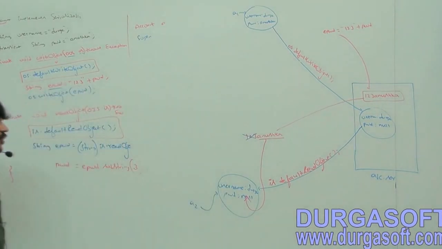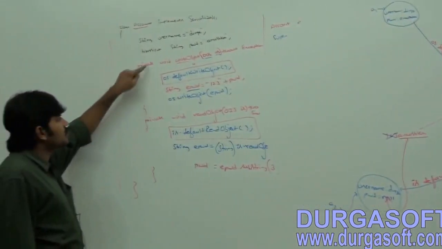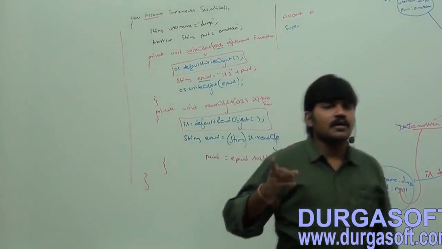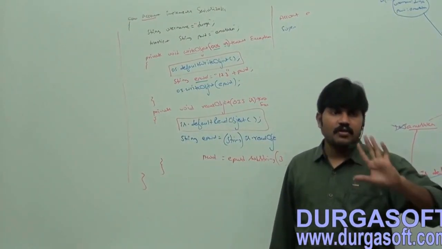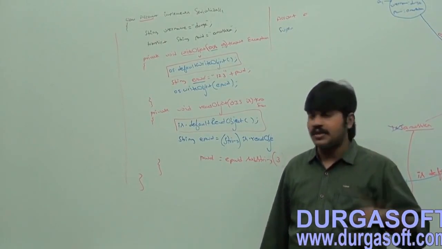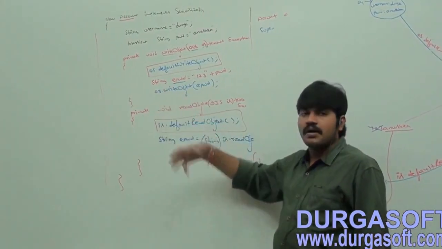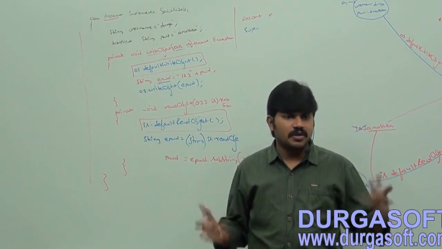Sir, here have you observed? Some people may ask the doubt: sir, private, how can the JVM call a private method? Programmer can't call private methods from outside of the class. But JVM has that ability. No problem. JVM can call private methods, right? If JVM can't call private methods, then the customized serialization concept is not possible.